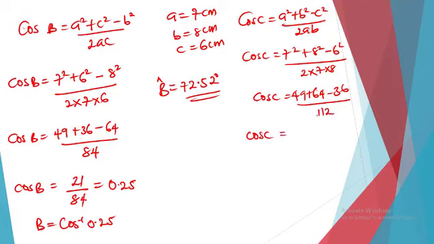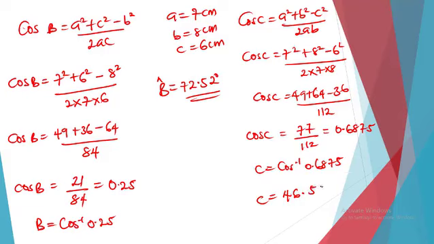Cos C is equal to 49 plus 64 minus 36, which will give us 77 over 112, and that will give us 0.6875. Okay, C is equal to cos inverse of 0.6875, and C will give us the angle 46.57 degrees. That's the smallest angle.